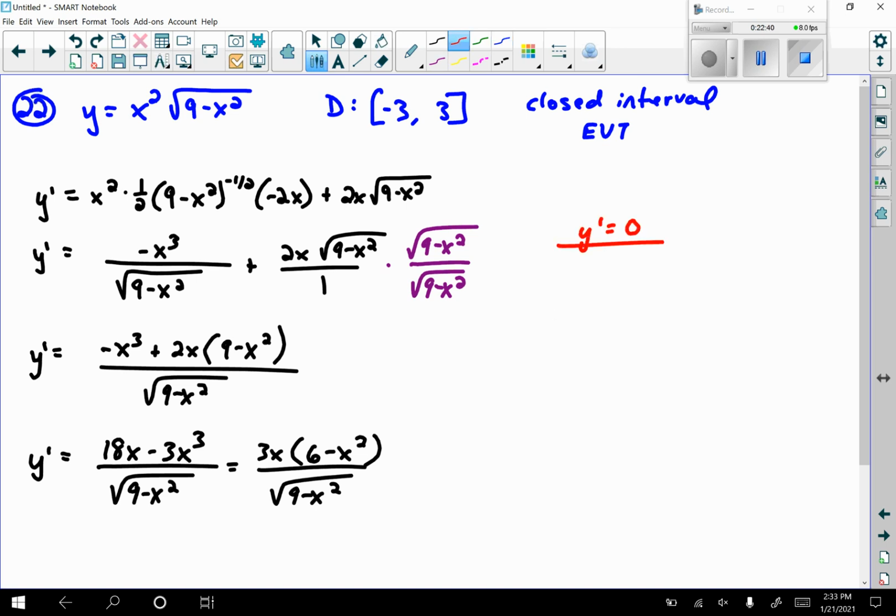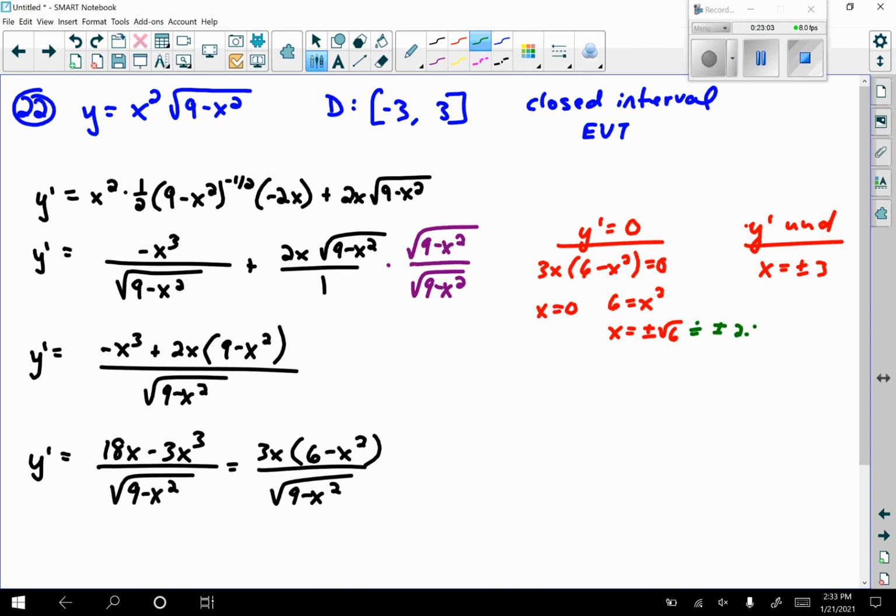When our numerator, 3x times 6 minus x squared, is equal to 0. So this is when x is equal to 0, or 6 is equal to x squared, so x equals plus or minus the square root of 6. Where is y prime undefined? When x equals plus or minus 3. So use your calculator. The square root of 6 is approximately 2.449, so that's going to help us.